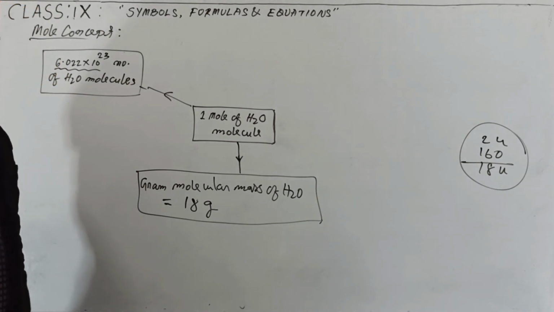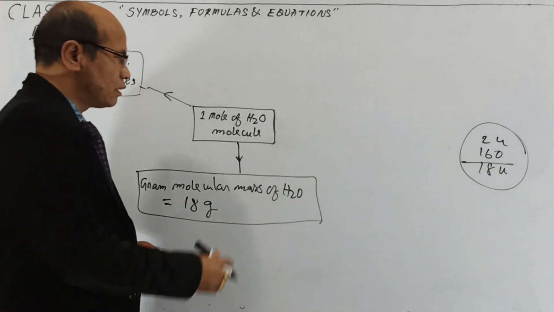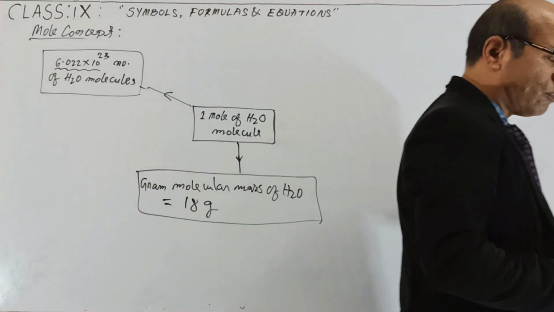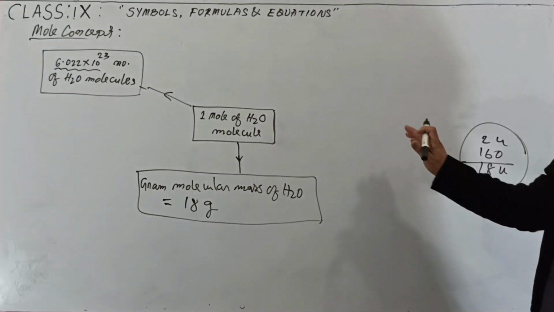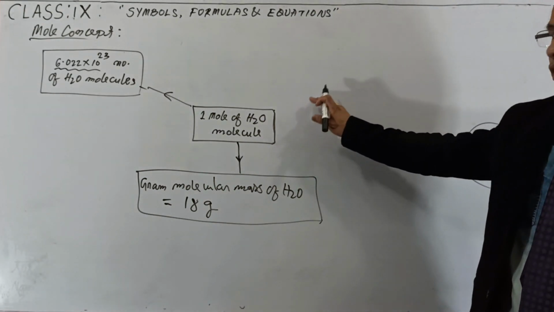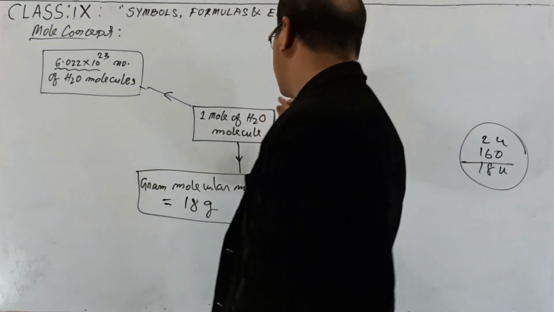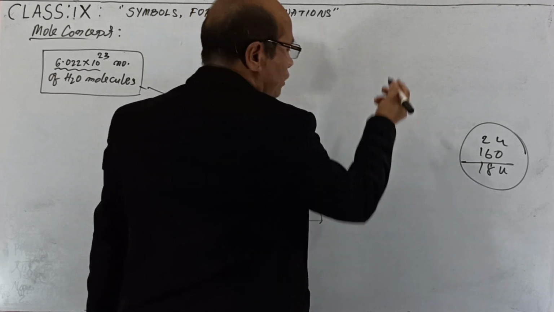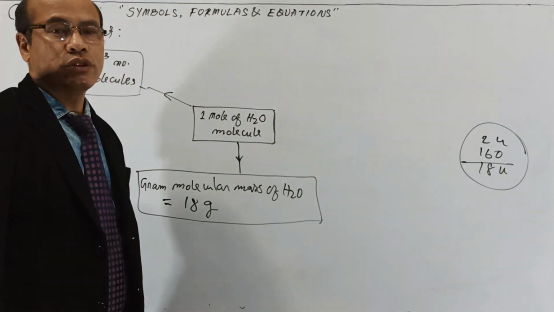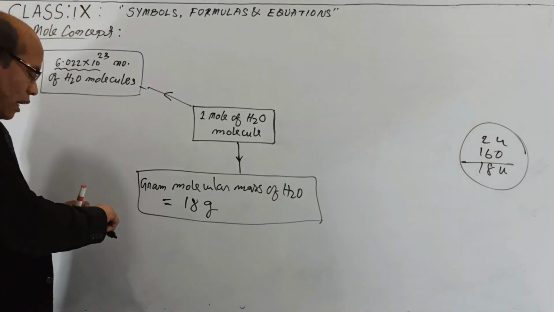Like this, if it is in the form of molecule. But here we do not need to find out its volume because water is in the state of liquid, not in the state of gas. If it is gas like chlorine, oxygen, hydrogen, nitrogen, etc., then you can convert it into liters. And in that case, it should be 22.4 liters at NTP. So like this.